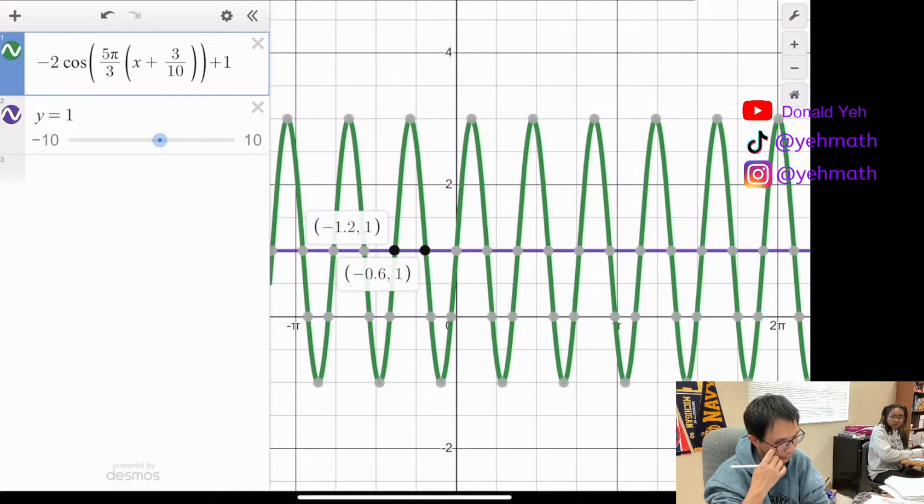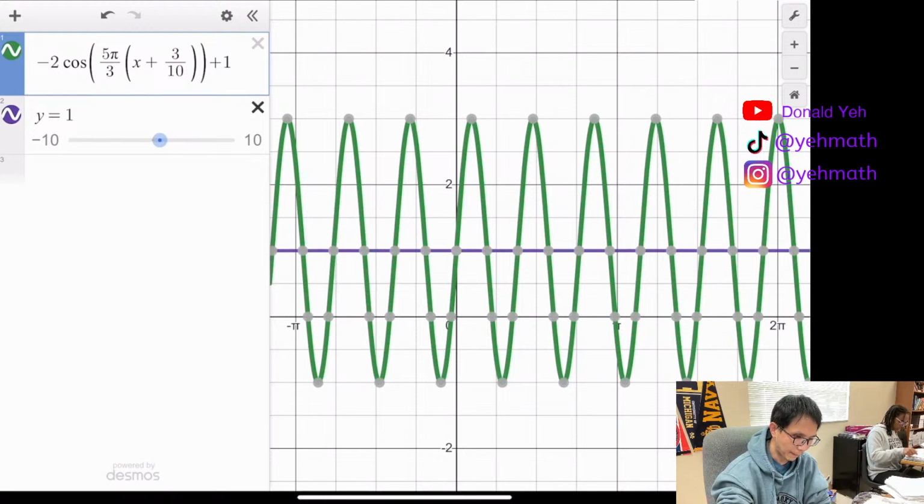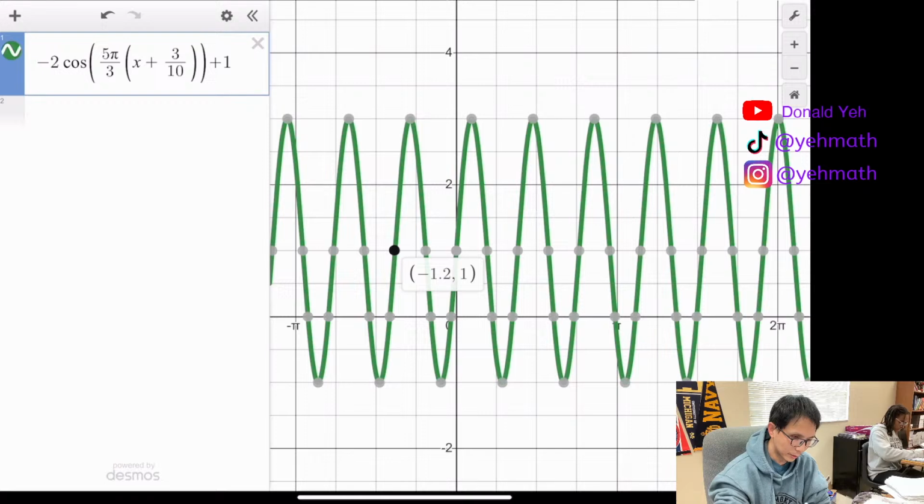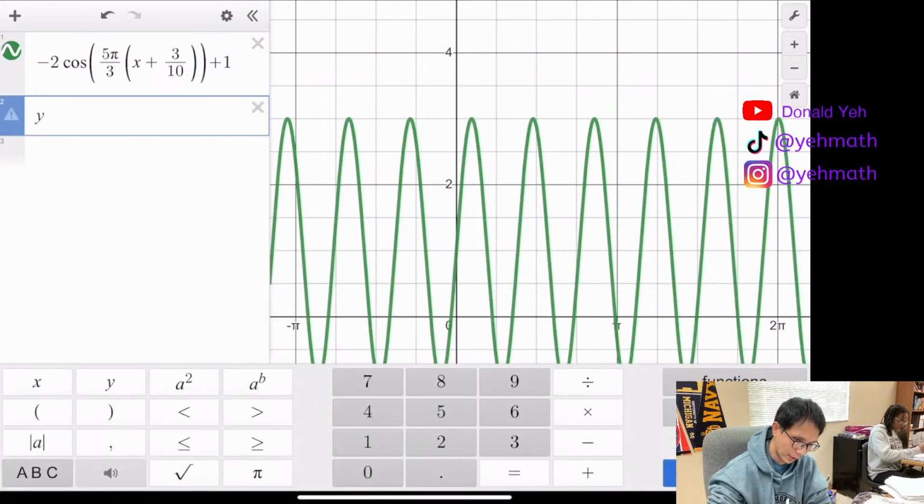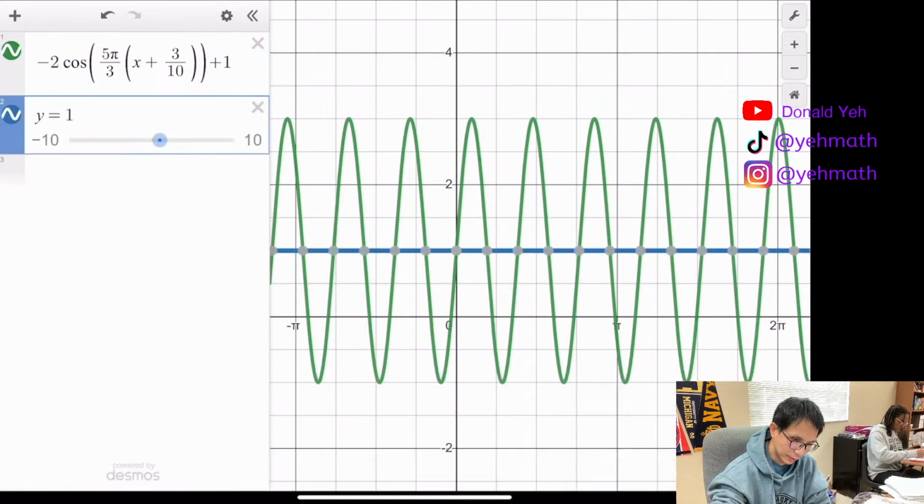Shift left 3 over 10. Left 3 over 10. Is this a cosine graph or sine graph? No, you need to have a slider. Y equal to 1. So this one is at negative 3 over 10.